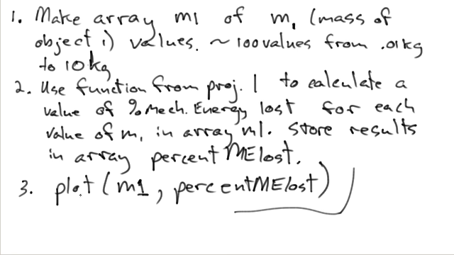Now here's the thing, this last line, you could have written that out and said graph percent ME lost versus M1, or as a function of the mass of object number 1. I chose to write it this way because this is the actual MATLAB command. Actually, if I name the arrays what I said I was going to name them, and you should name them what you think is best, this will be the exact MATLAB command.